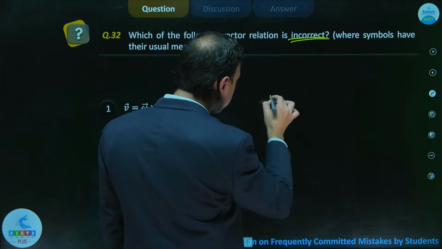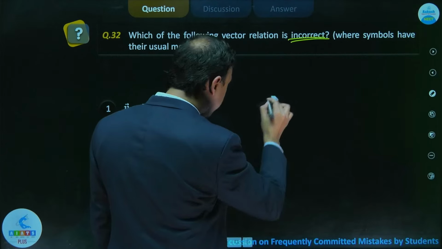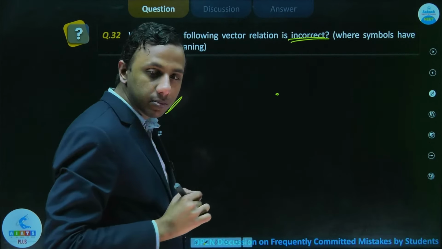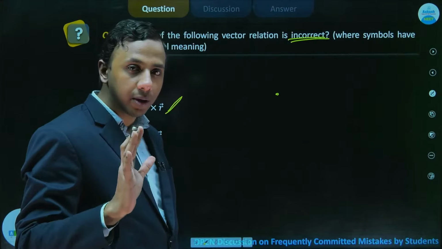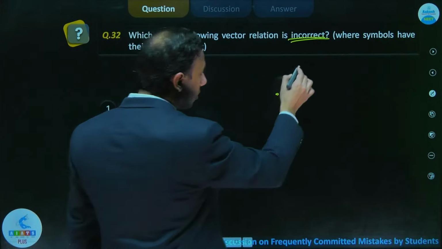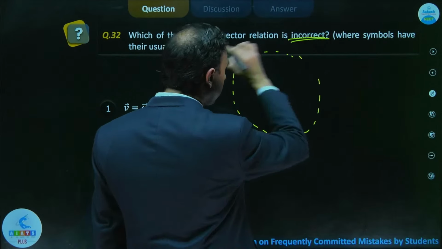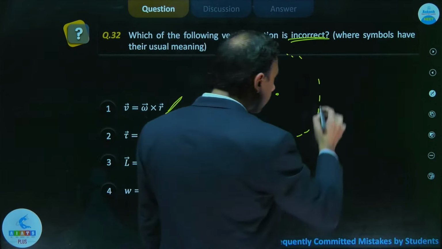Right. So let's say this is the center about which a particle is performing circular motion, or rather, let's make it even more simpler, uniform circular motion. Uniform circular motion like this. Okay.